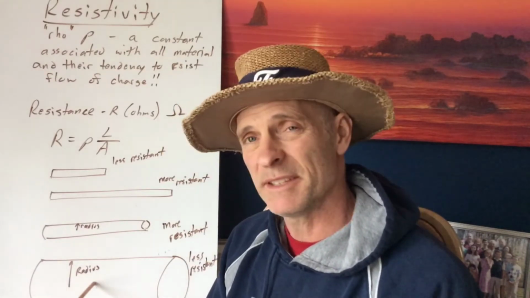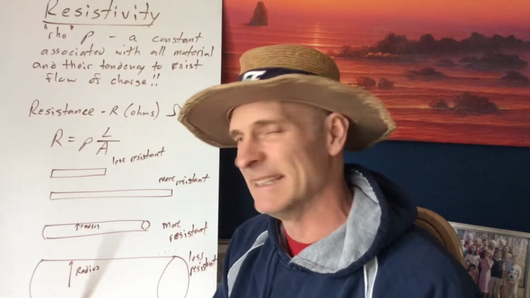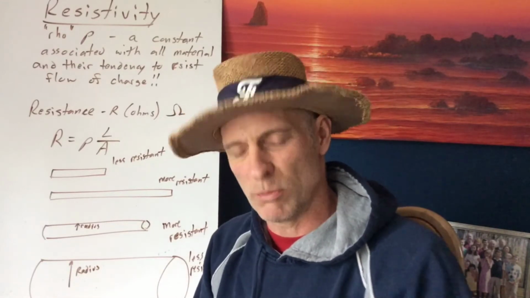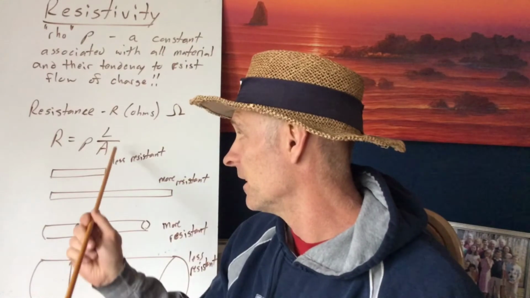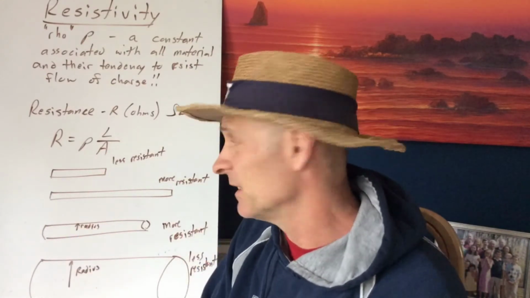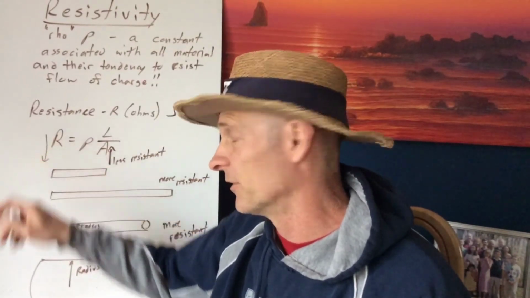So this example, with its much bigger radius, would be less resistant than this one with its smaller radius. Again, area is in the denominator. So the bigger the area, the less resistant. If I had a larger area, as it moves up in the denominator, my resistance goes down.